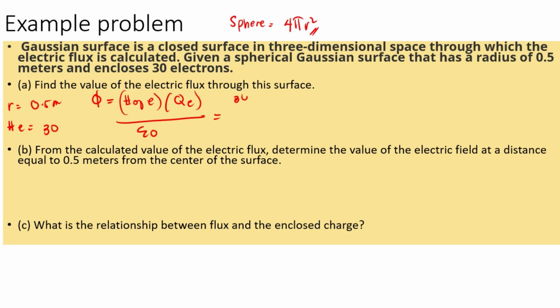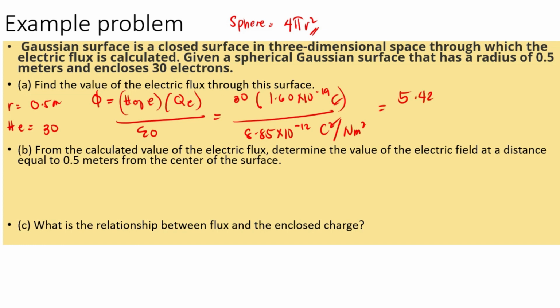So, we have 30 electrons times 1.60 times 10 raised to negative 19 Coulomb divided by 8.85 times 10 raised to negative 12 Coulomb squared per Newton meter squared. So, cancel yung Coulomb squared dito, so magiging Coulomb na lang siya. Therefore, we have here 5.42 times 10 raised to negative 7 Newton meter squared per Coulomb. So, this is now our electric flux.